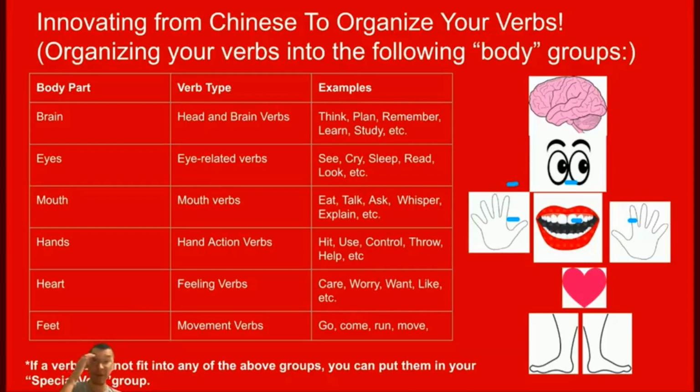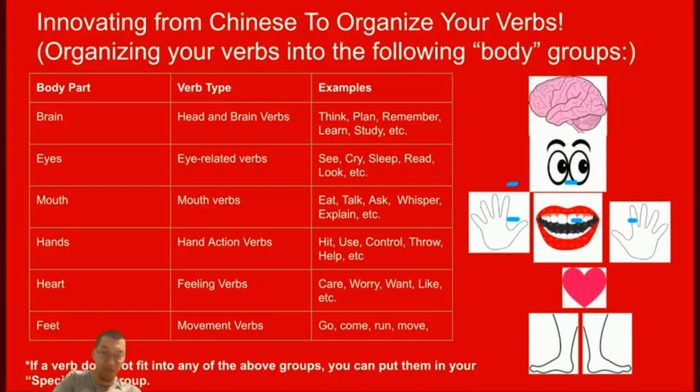So if you look at the verb type for each one, you'll see that for the brain, they're head and brain verbs. Examples: think, plan, remember, learn, study, etc. The eyes are eye-related verbs: see, to cry, sleep, read, look, etc. Mouth, same thing.